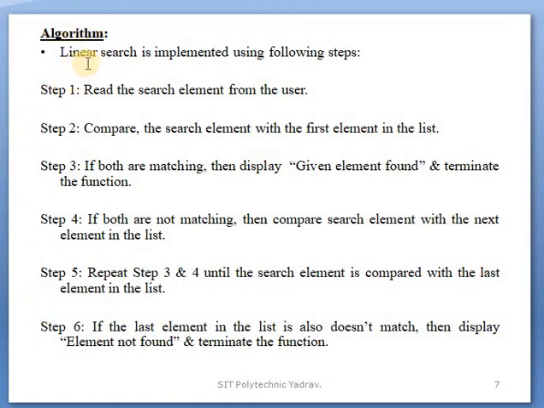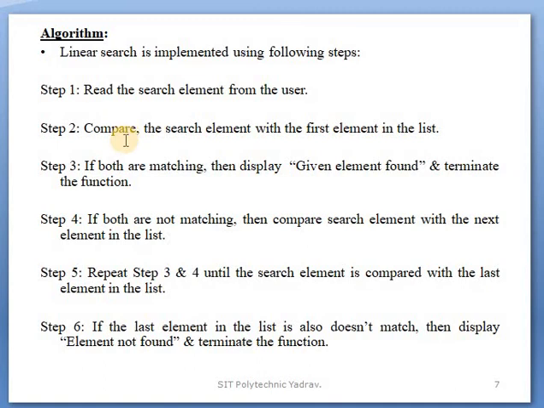In the linear search algorithm, step 1: read the search element from the user. Clear that point? The first step is to read the search element from the user, the element which we are searching for.